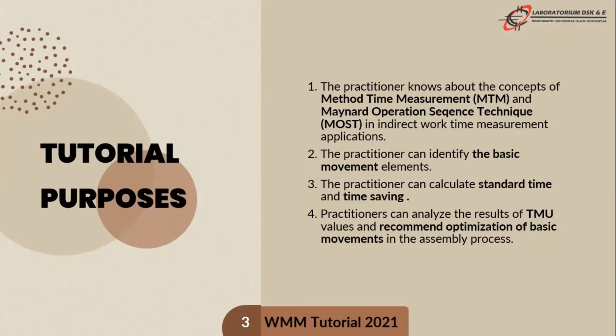Second, the practitioner can identify the basic movement elements. And third, the practitioner can calculate standard time and time saving. Fourth, practitioners can analyze the result of TMU values and recommend optimization of basic movement in the assembly process.